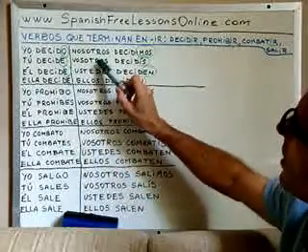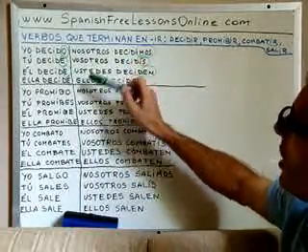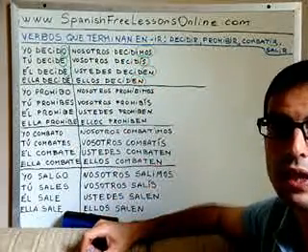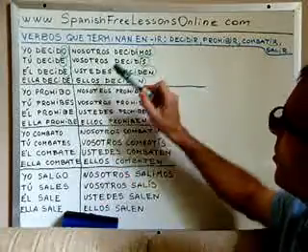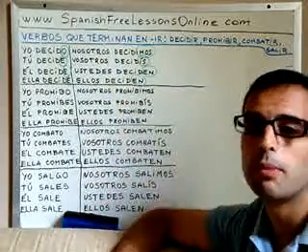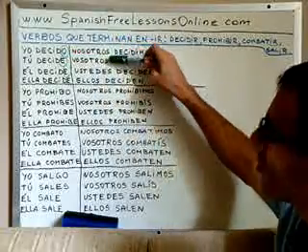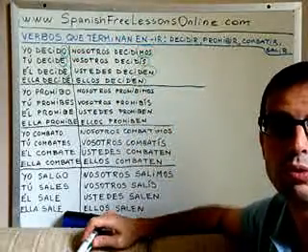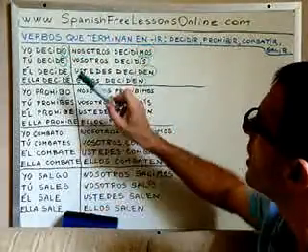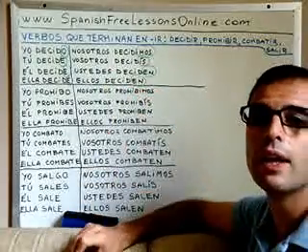Again, I'll repeat, vosotros and ustedes mean the same thing, right? Although they conjugate differently, they mean the same thing. In Spain, they use vosotros when they want to use a you plural form, and ustedes is used in Latin America.